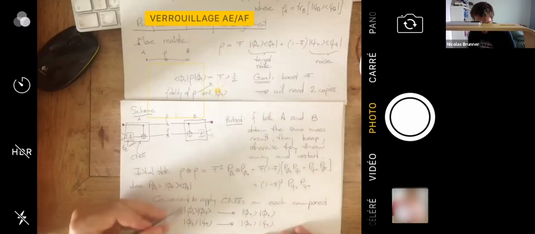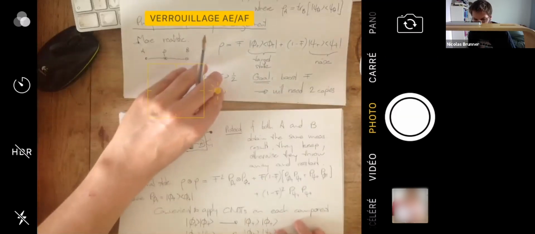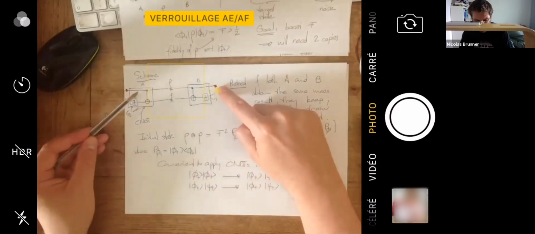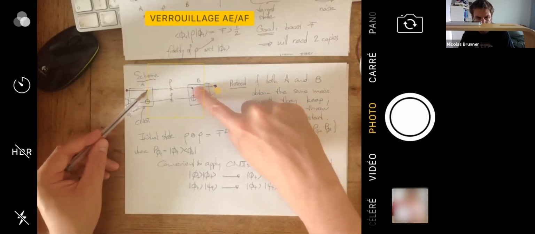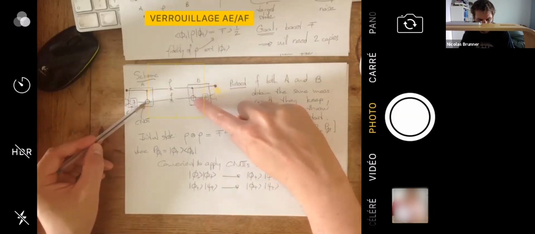So the idea is whenever the first state here is a phi, nothing changes on the second copy. The state of the first copy cannot change because here I only have the controls, so the changes can only be on the second copy, where the C-NOTs act with targets.